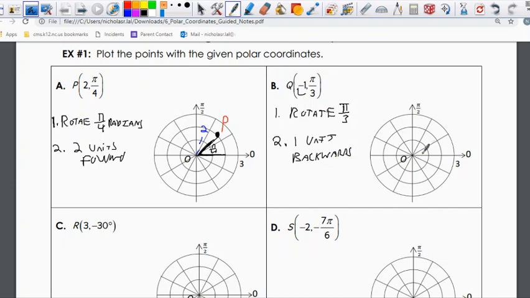This is pi over 3. So we're going in this direction, but then we're moving 1 unit backwards. So our point Q is going to be right here. Imagine you were walking backwards. So that's point Q, (-1, pi over 3).